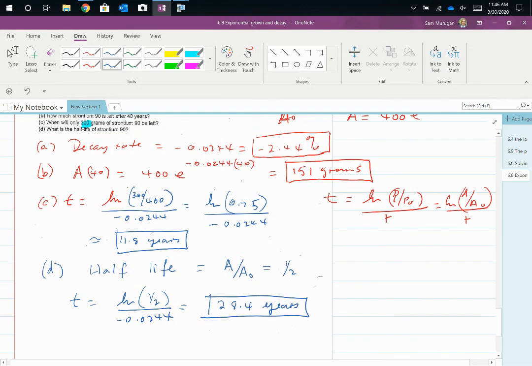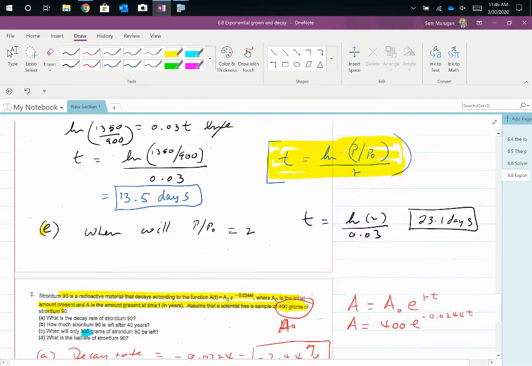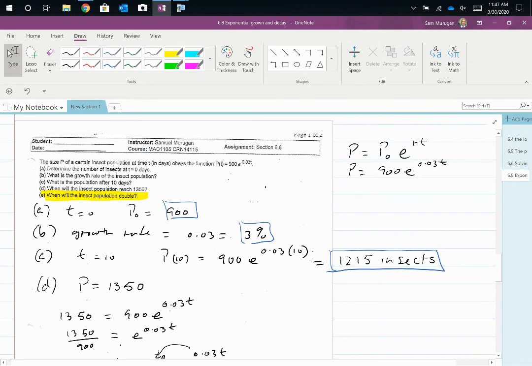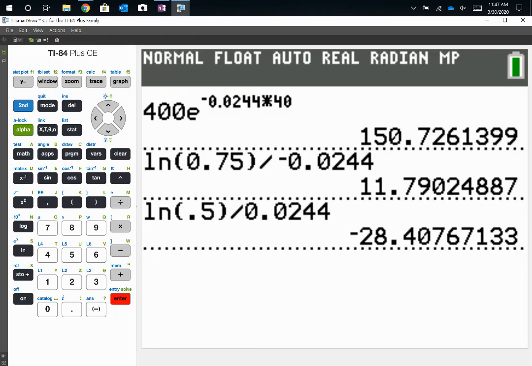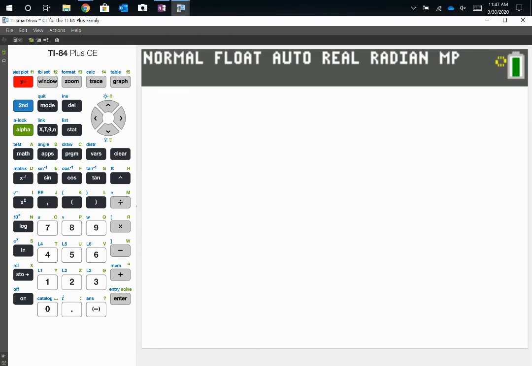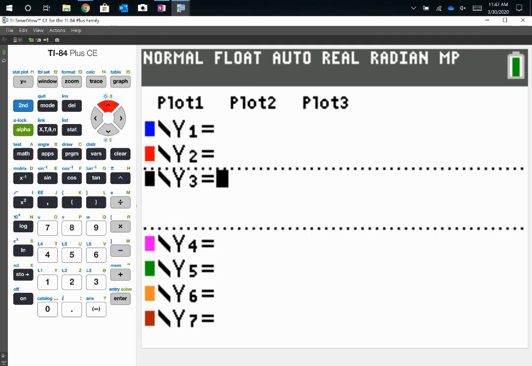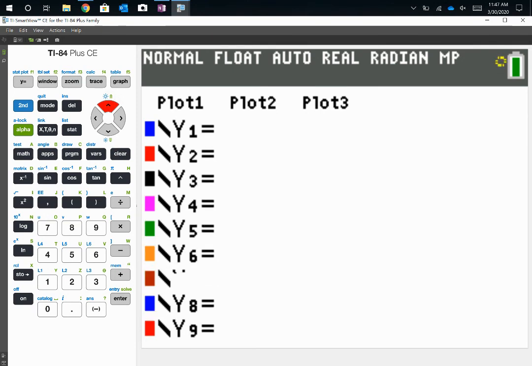Just in case you're wondering, all of these can be graphed. I'm going to graph this first equation here and show you the graph of it. 900 e to the power 0.03x, and put it into our calculator as a graph, just to get a nice picture of what we're looking at.